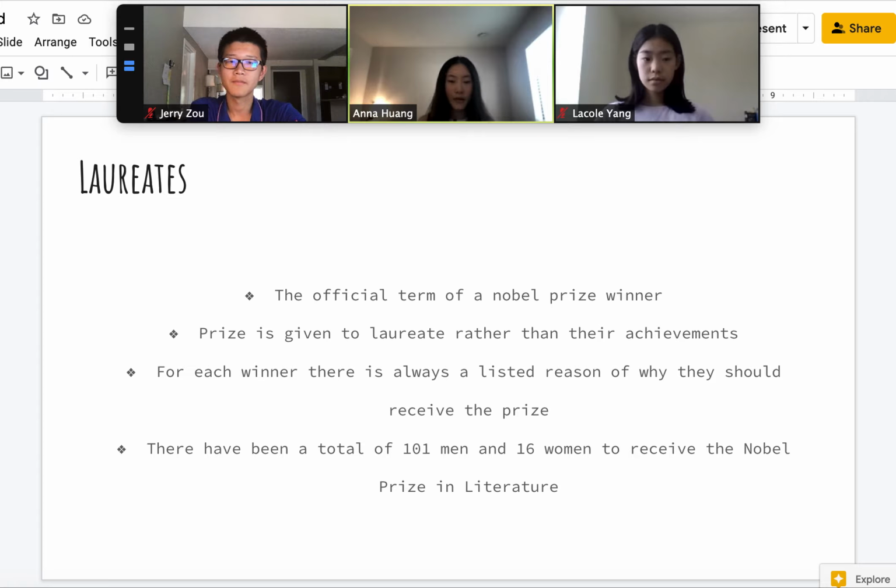Finally, we have laureates. You must have already heard this term quite a few times. So this is the official term for a Nobel Prize winner, and prizes are usually given to the laureate rather than their achievements. So instead of giving it to a book or any particular piece of work, they are given to the laureates so that you can see their works of art as a whole.